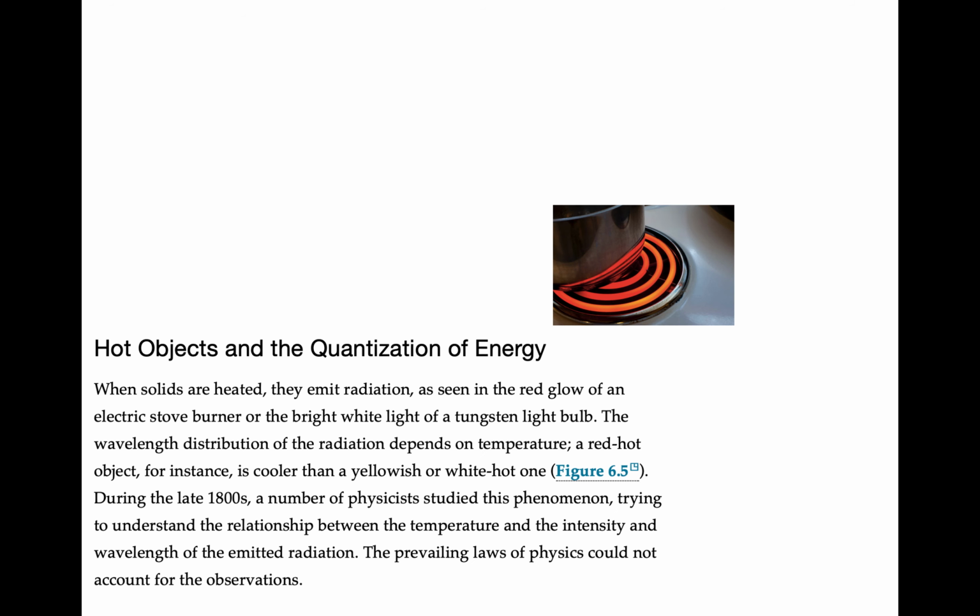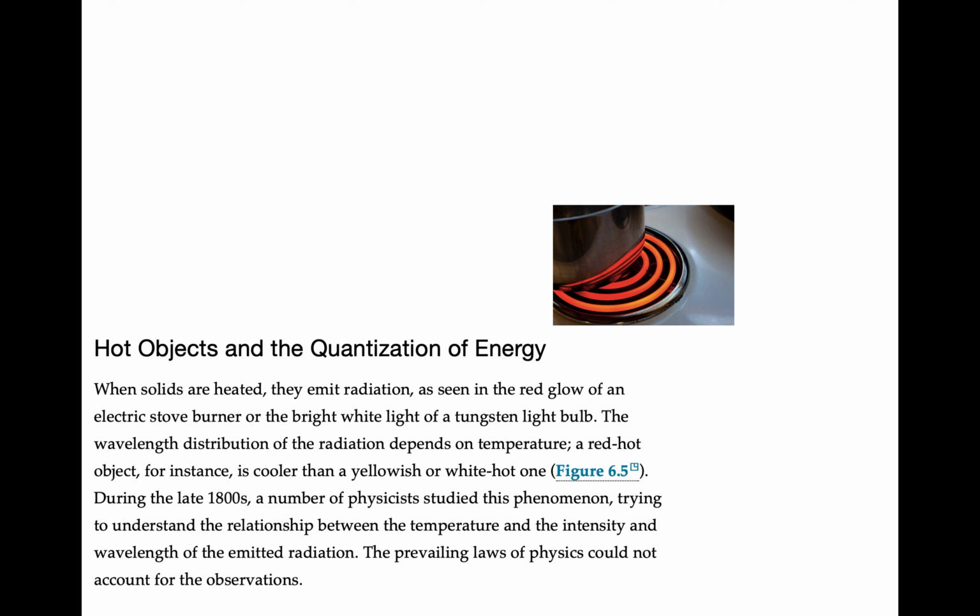Looking first at the idea that when an object's temperature goes up, it emits light. The example they describe, when solids are heated they emit radiation, is seen in the red glow of an electric stove burner. If you turn on an electric stove, what happens?